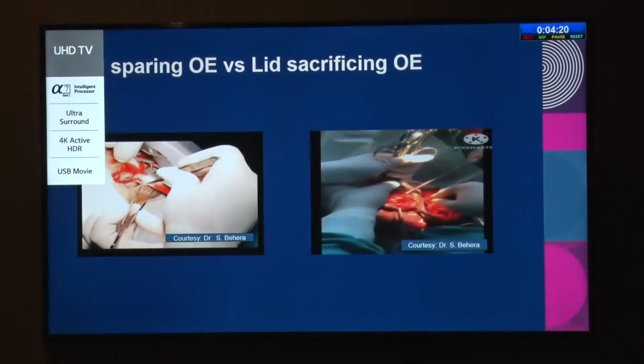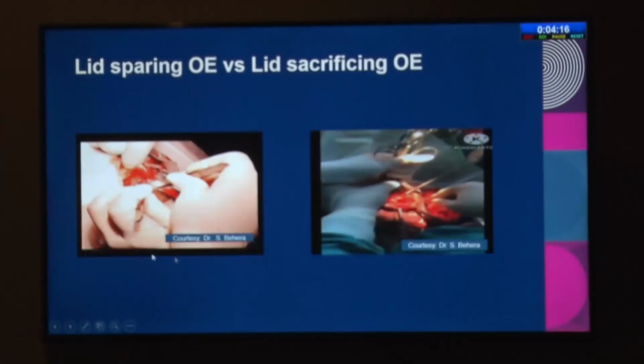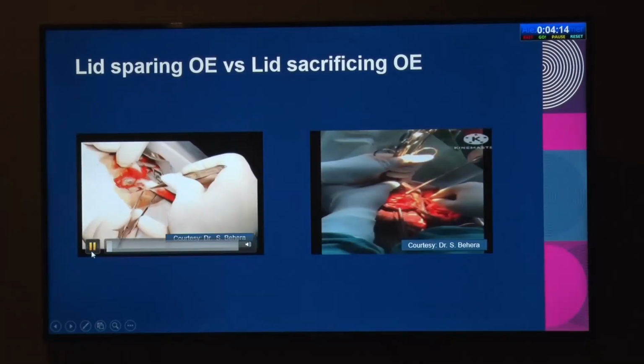The video on the right side of the screen shows... the video is not playing. Okay, the video on the right side of the screen shows a lid sparing orbital exenteration done in a case of invasive OSSN, and the video on the... sorry, is it playing?